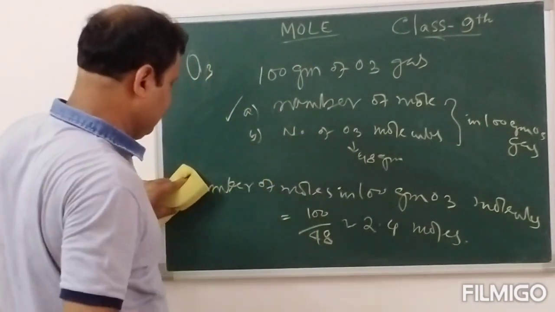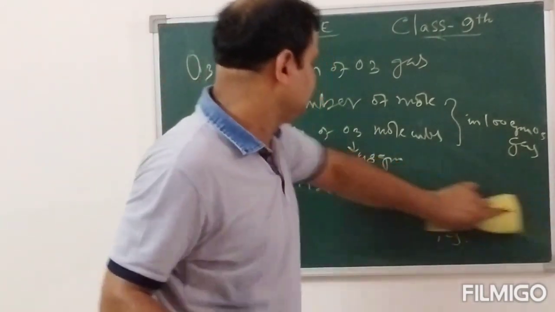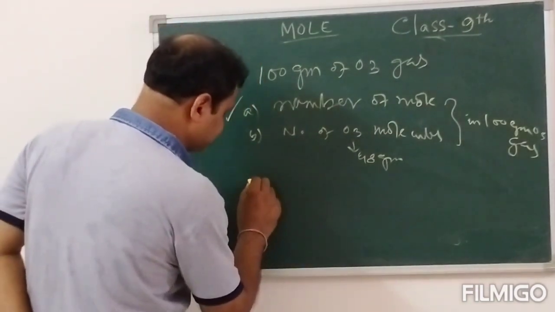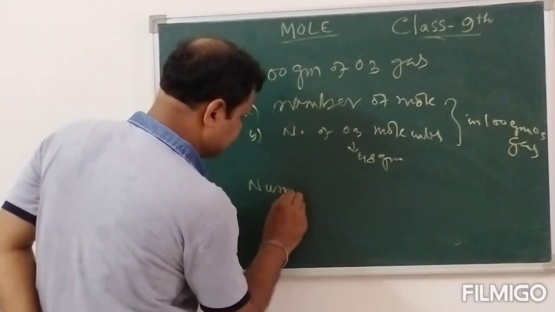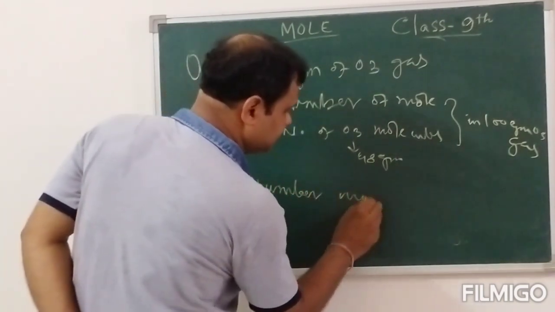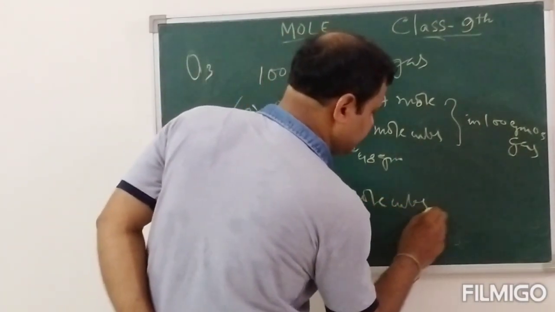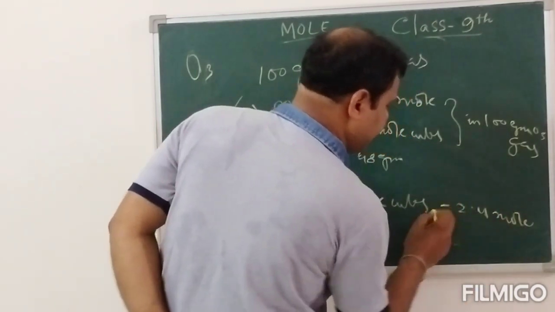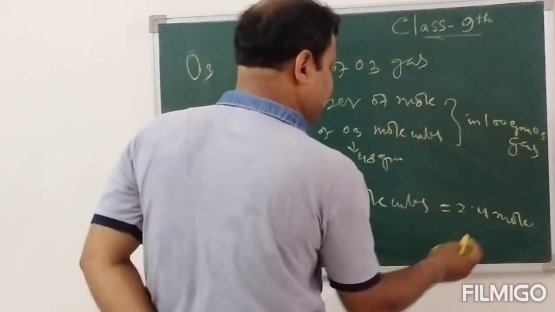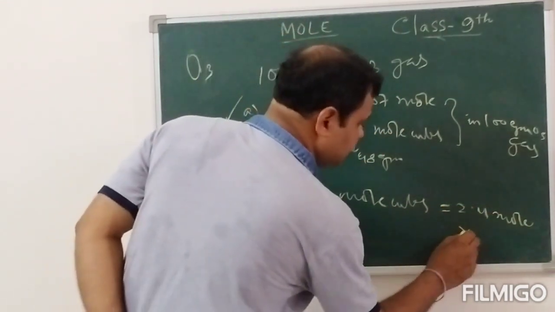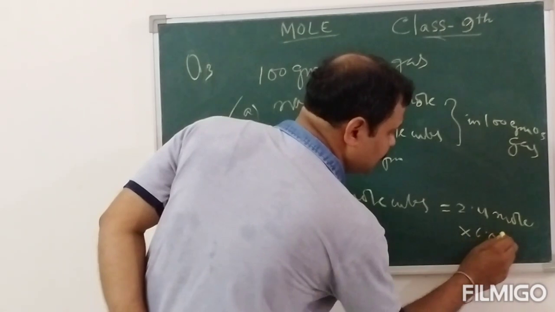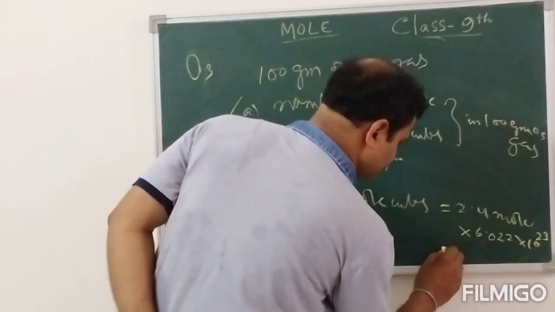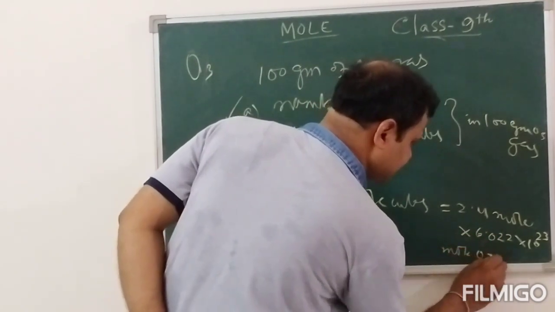For the number of molecules, answer B. The number of molecules is 2.4 moles, and every mole, we recall again, has 6.022 into 10 raised to 23 molecules of O3.